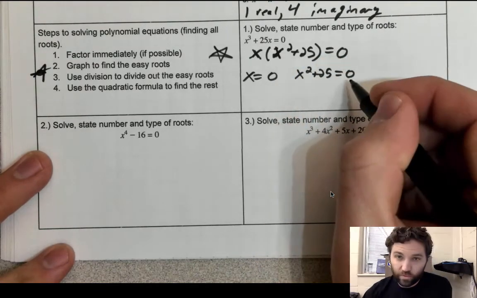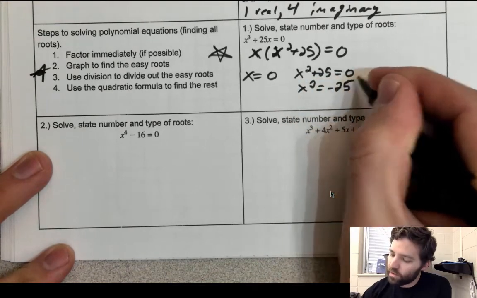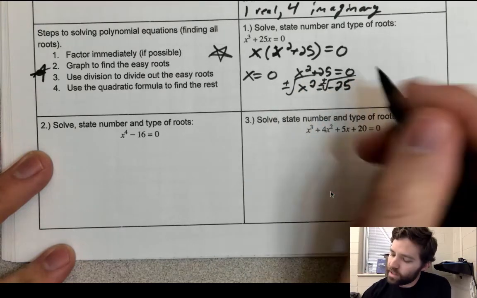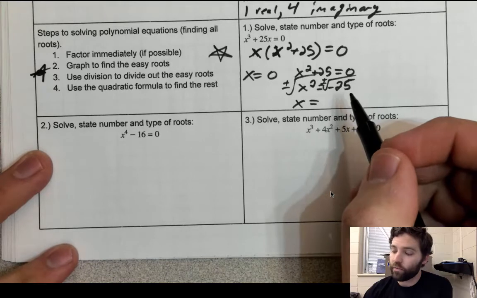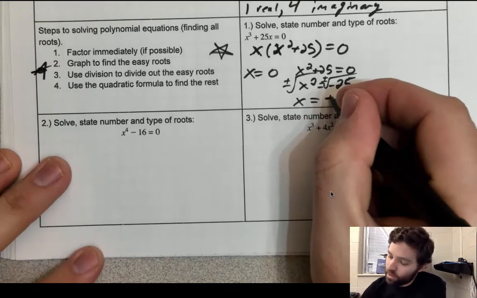If I subtract 25 over to the right, I get x squared equals negative 25. And then square root, plus or minus. And so I get x equals the square root of negative 25. If we are including imaginary solutions, then that's fine. The square root of 25 is 5, and the square root of a negative is i. So my answer will be plus or minus 5i.